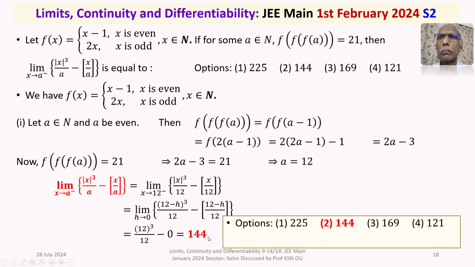And the answer 144 appears against option 2. Therefore, the answer to this question is option 2. That is the detailed discussion of the solution of the given problem. It is definitely a very easy question. Let's now move to the next question.